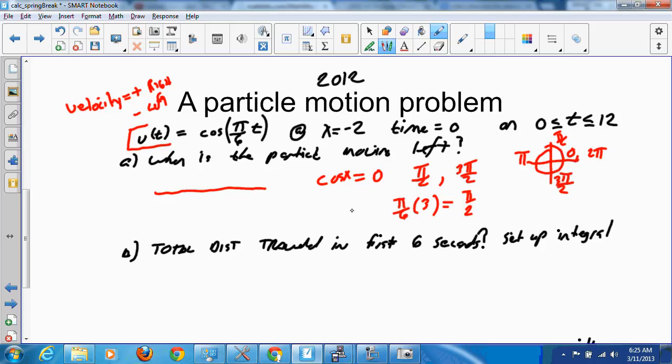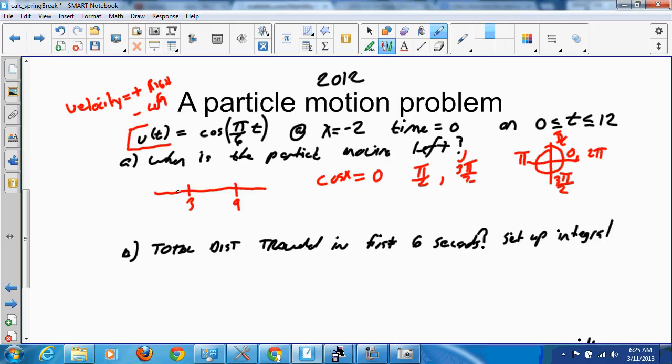If we choose 6, 6 over 6 reduces to pi, so that's not a candidate. So the only other choice is at 9 seconds. 9 over 6 reduces to 3 over 2, which is this one right here. And when we get to 12, 12 over 6 is 2 pi, and that's equal to 1. So the only two times that it happens are at 3 seconds and 9 seconds.